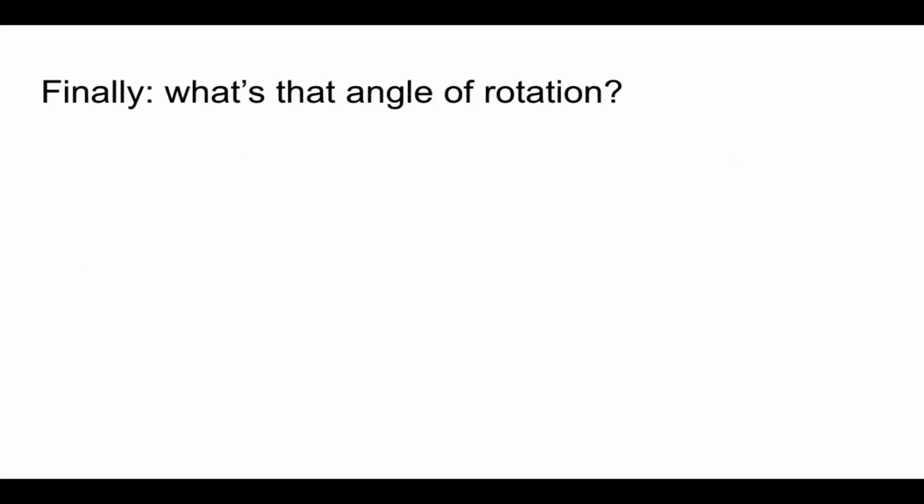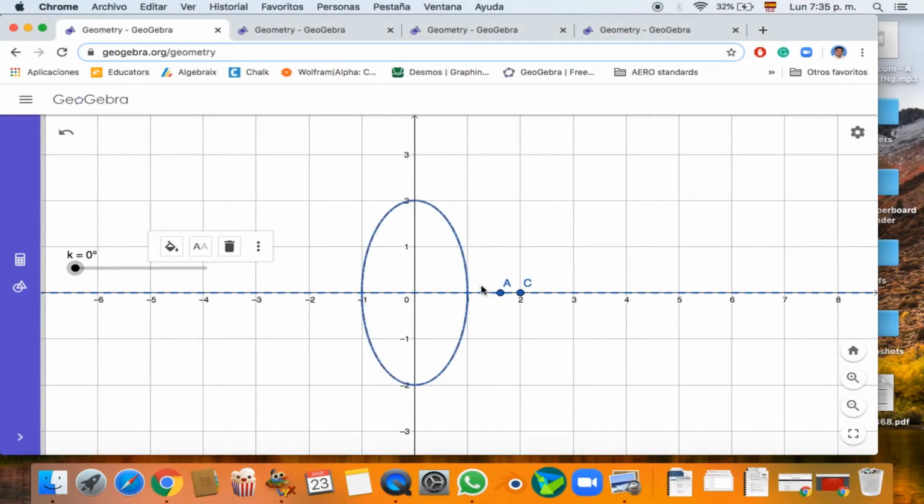And now, before continuing to what the angle of rotation is, I want to stop for a little bit to clarify what I mean by rotation. So for instance, this is an ellipse. The axes are here, and they are in the usual position. This is the y-axis, this is the x-axis.